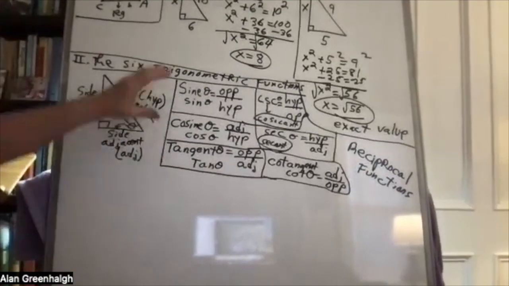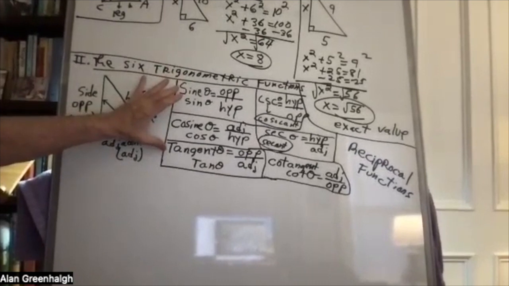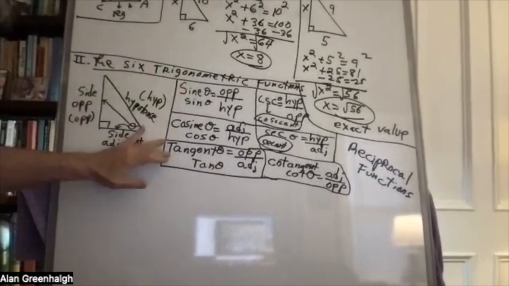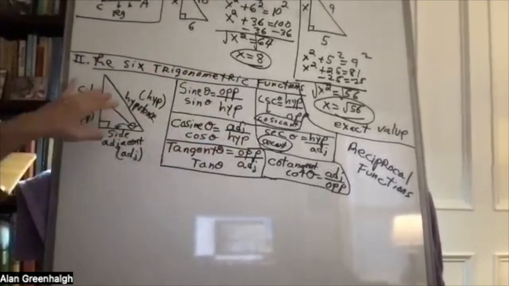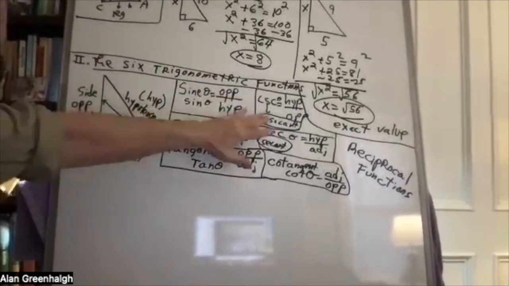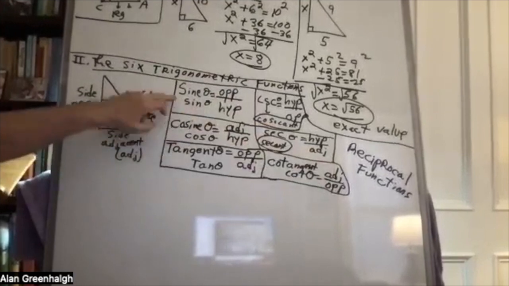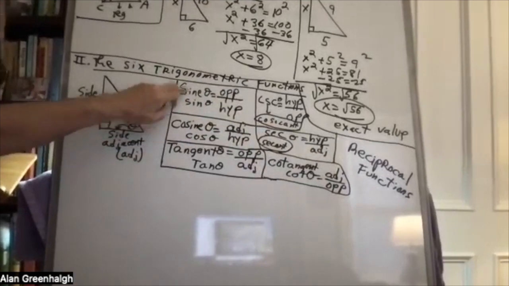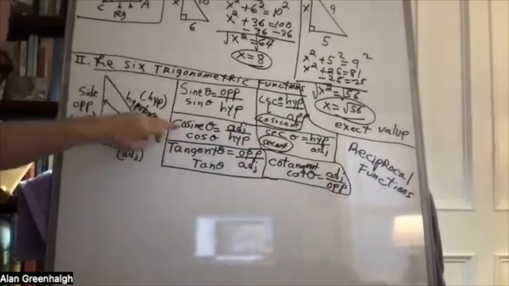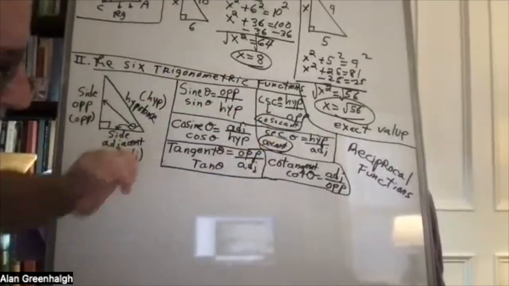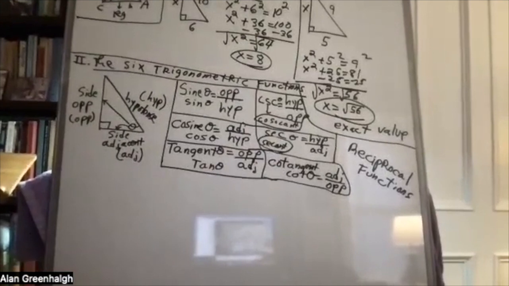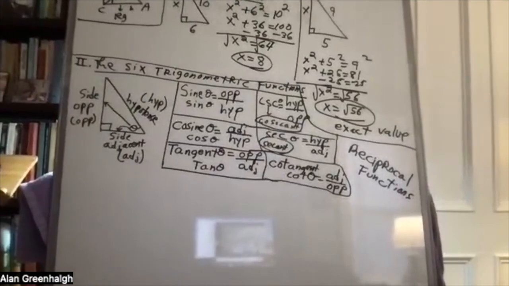You need to know what the 3 main functions are, what they are according to the triangle, and what the reciprocal functions are for each of them: sine and cosecant, cosine and secant, tangent and cotangent. That's what you need to know as of what I just did.